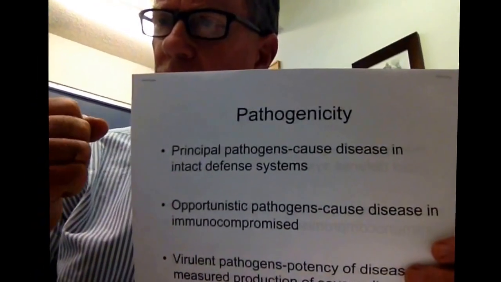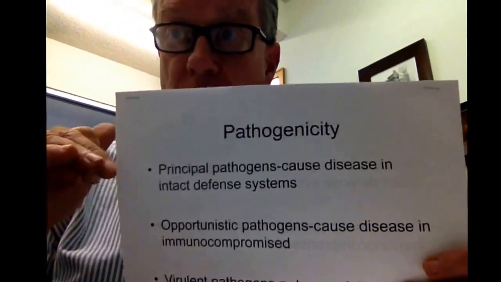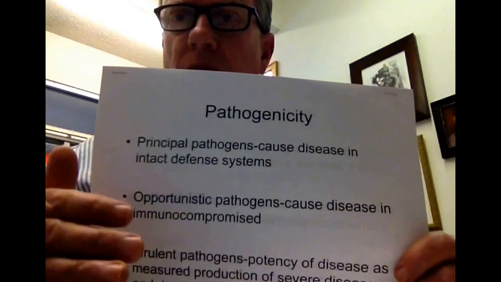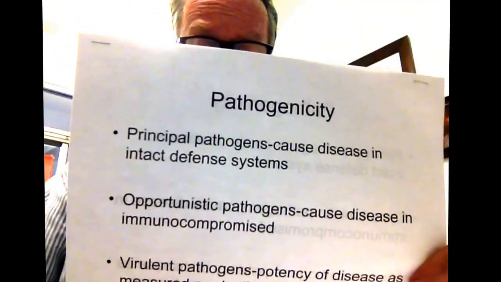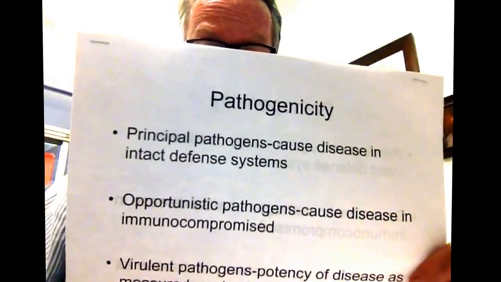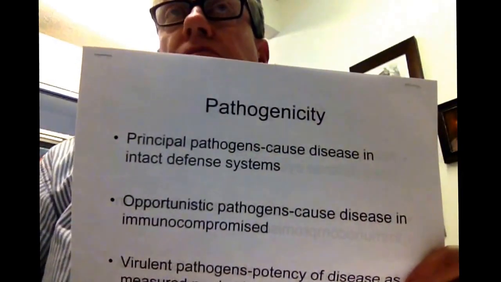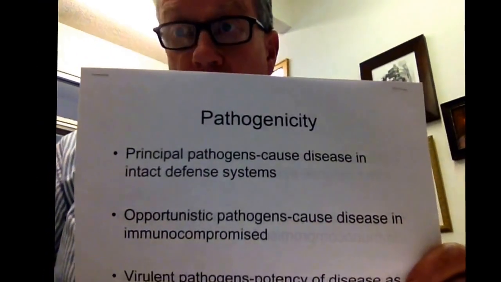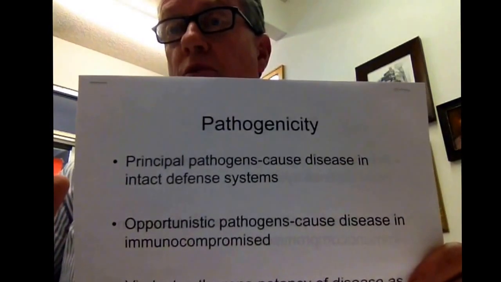So a really robust, hardy pathogen is resistant to the counterattack by our immune system. So depending upon the potency of the disease and the production of the outcome, severe disease and death may result more likely from a virulent infection.